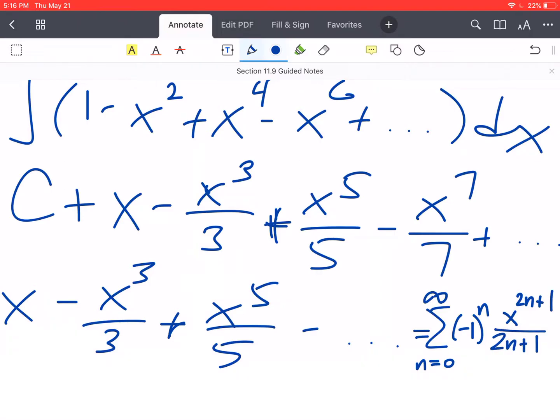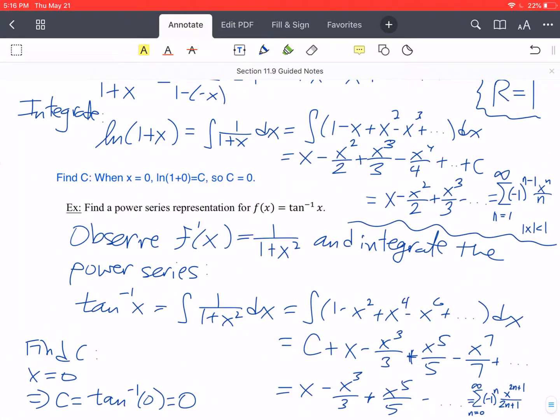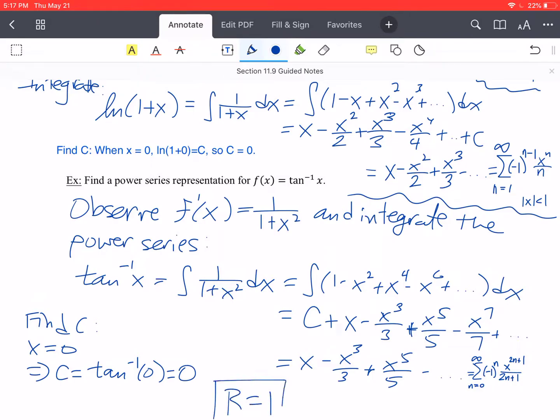So that guarantees that we will get that next odd number in the power and in the denominator of the fraction. And of course the radius of convergence is still 1, because that remains unchanged from the original series that we were talking about.